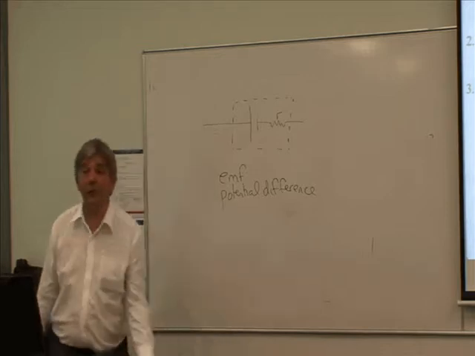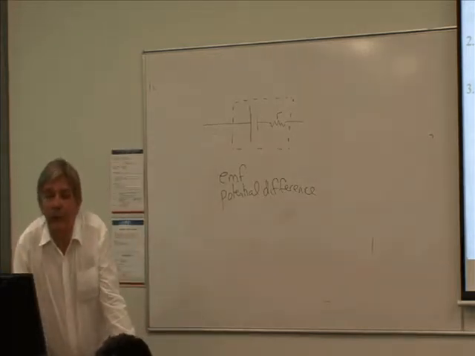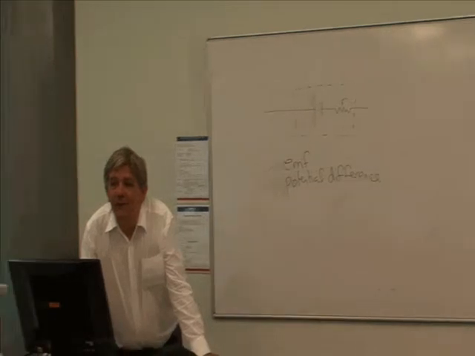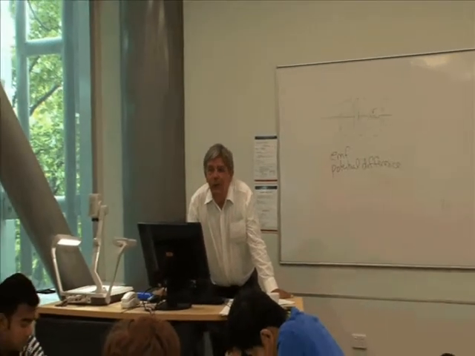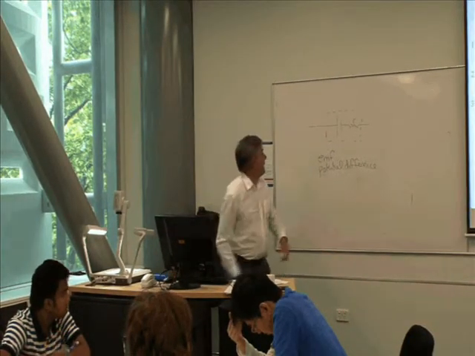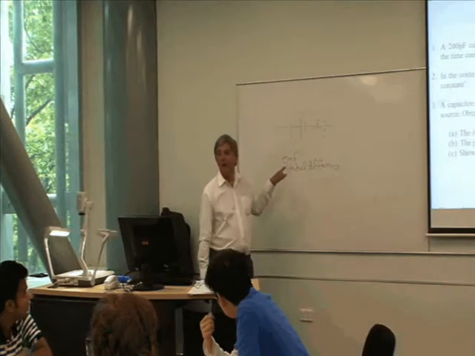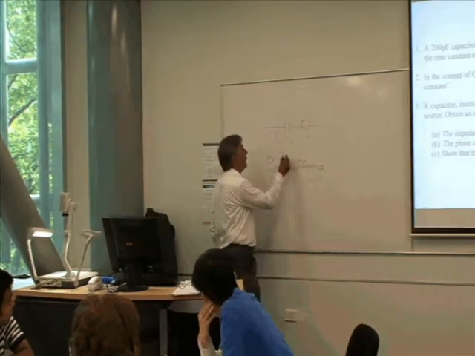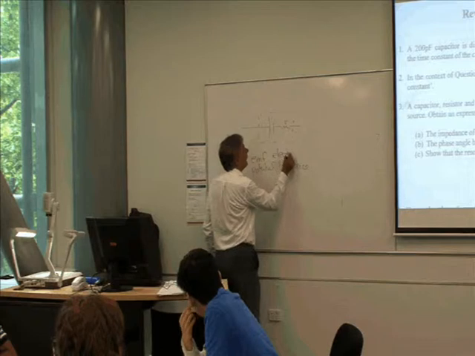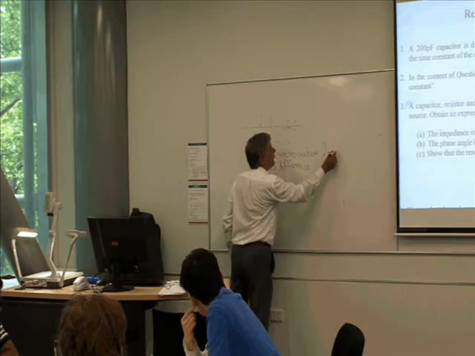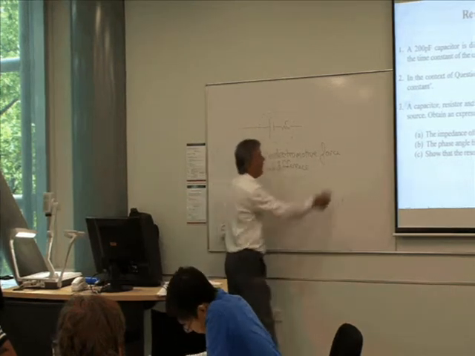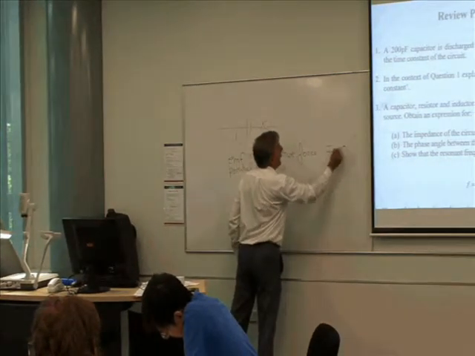Anybody tell me the difference between EMF and potential difference? EMF is when we're not drawing current from the battery. So EMF, what does it stand for? Electromotive force. And it's when the current is zero.